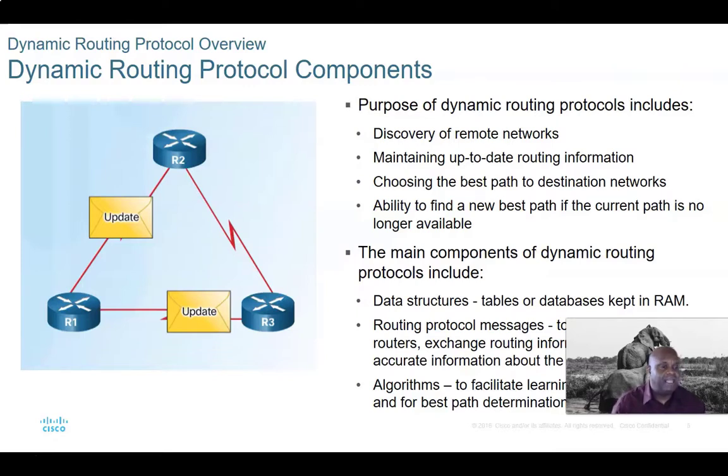You'll be surprised how these particular protocols maintain communication and how they choose or select the best path. And right here it says the main components of dynamic routing: data structures, routing protocol messages, and the algorithms.